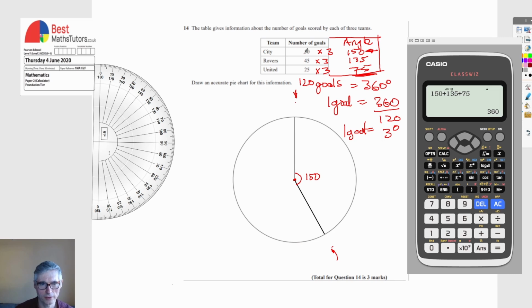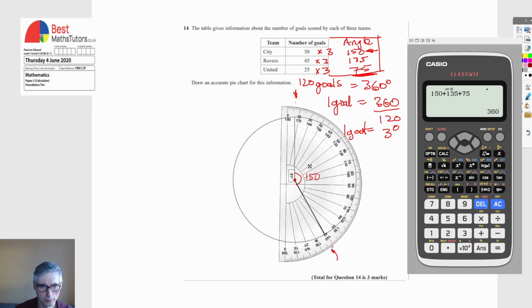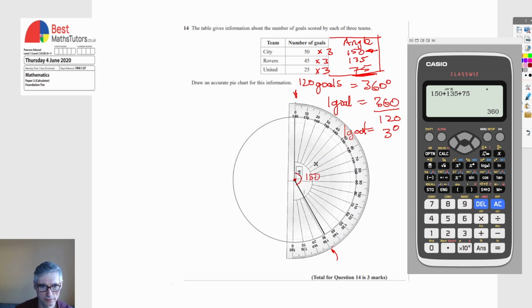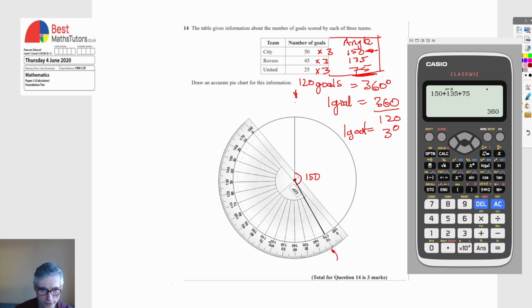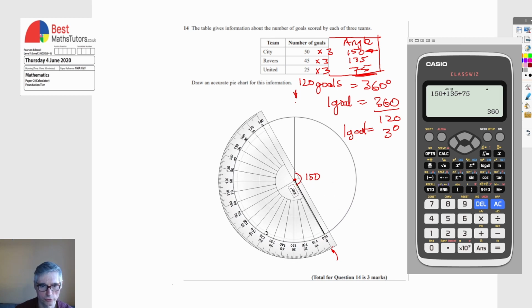Now I need to do the next one, so I'm going to bring the protractor back, put it on the center like that, rotate it around, and I've got to measure from the 0 again, so the 0 is on the outer scale there, around to the angle of 135. There's 135.